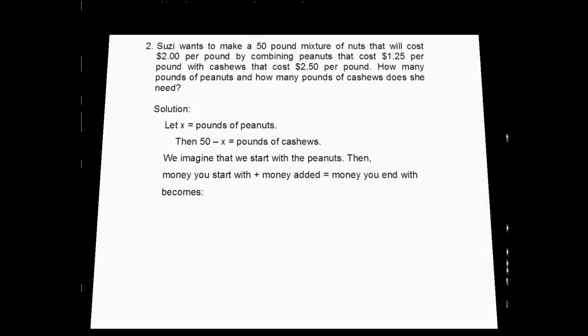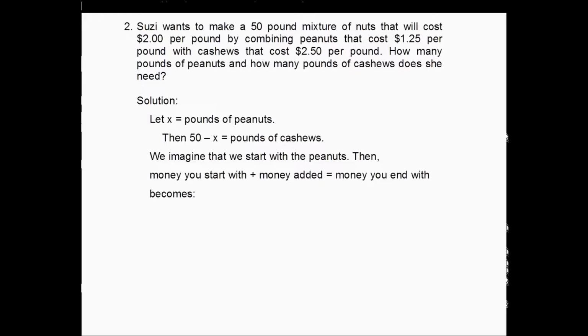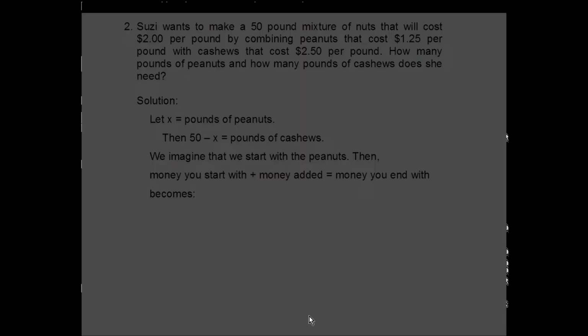Now let's see. We're going to imagine that we start with the peanuts. So the money you start with plus the money you add equals the money you end up with. So I'm starting with my peanuts, 1.25 times X plus 2.50 times (50 minus X) equals 2 times 50.